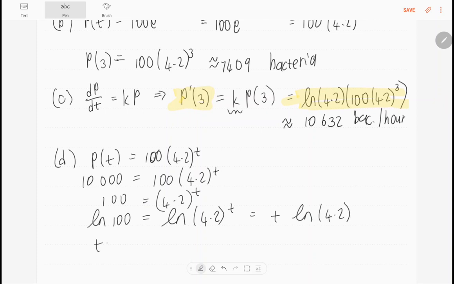So t is ln of 100 divided by ln of 4.2, and that gives us approximately 3.2 hours.